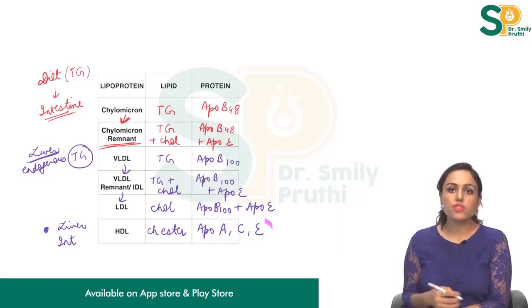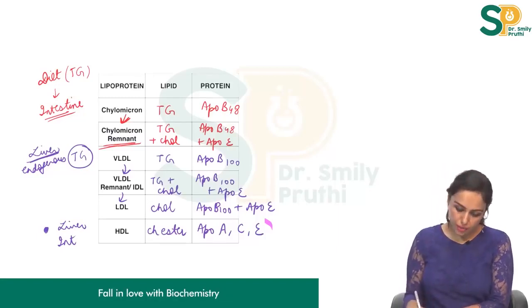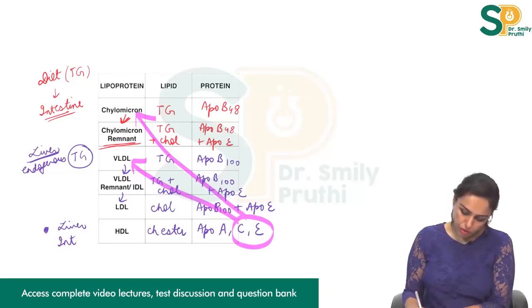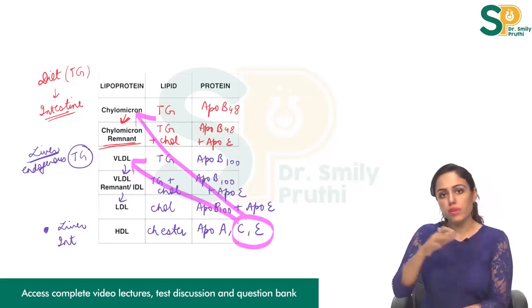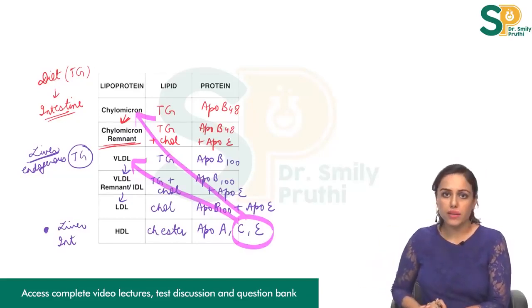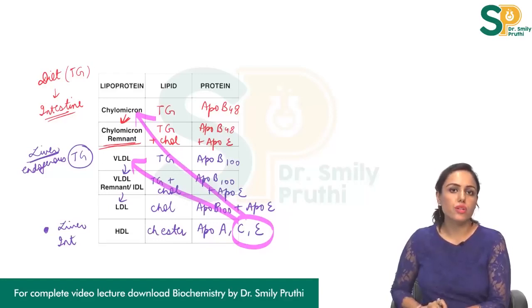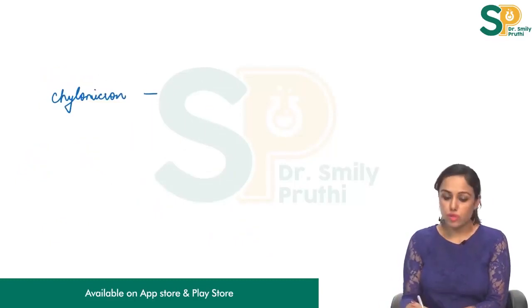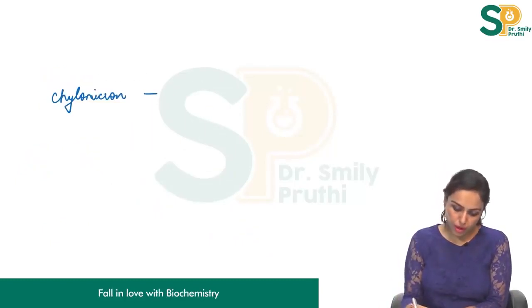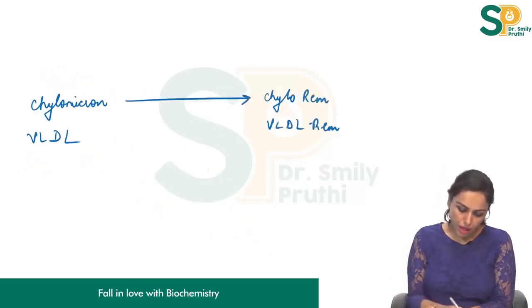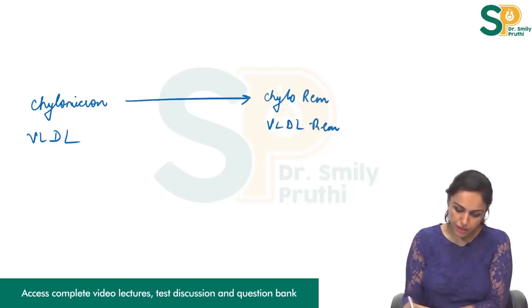In fact, HDL will give ApoC and ApoE to chylomicron and VLDL when the lipoproteins are moving in circulation, right?